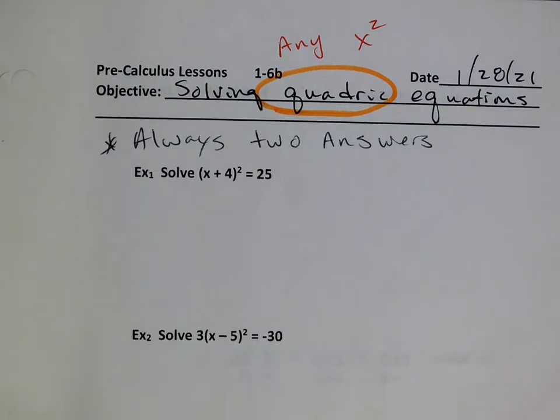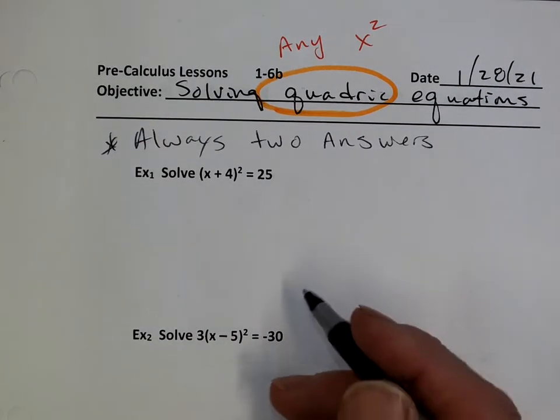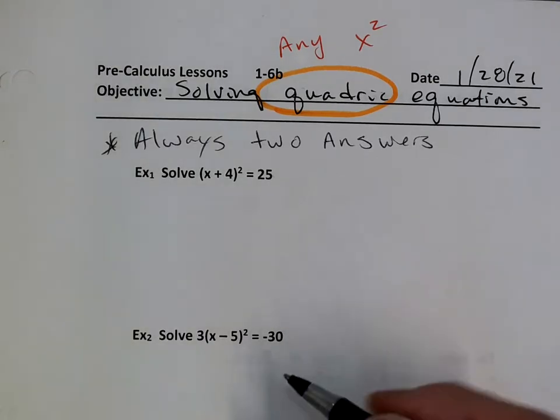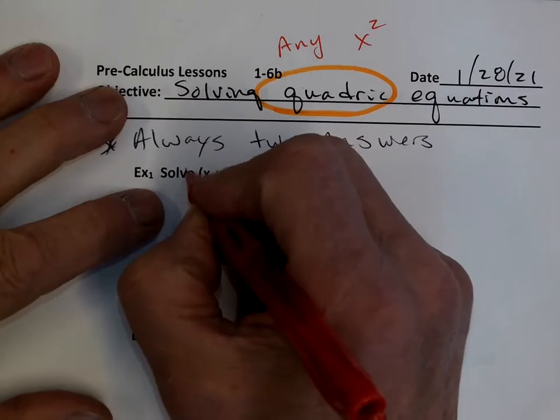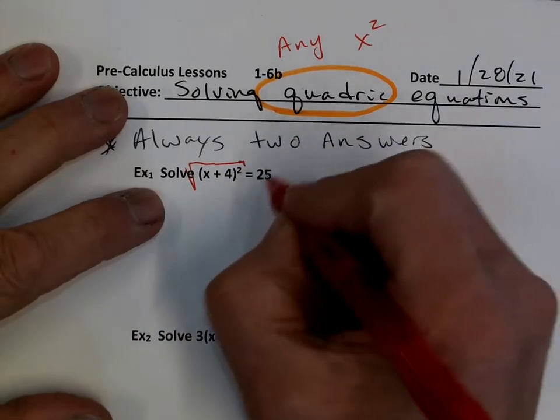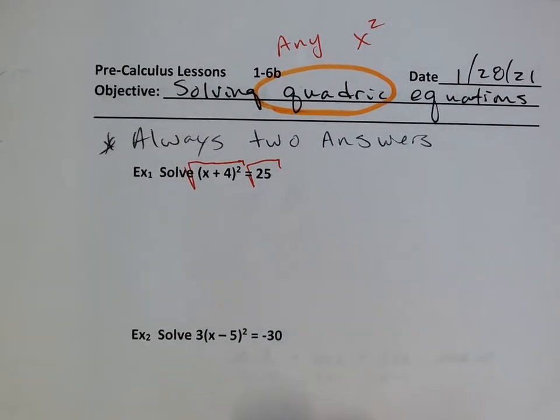So question number 1. If I were to graph this, I'd get some answers, but let's just solve it. I know two answers. There's a variety of ways, but I'm going to do this the easiest way of all. I'm just going to square root both sides, because that'll cancel the x squared.